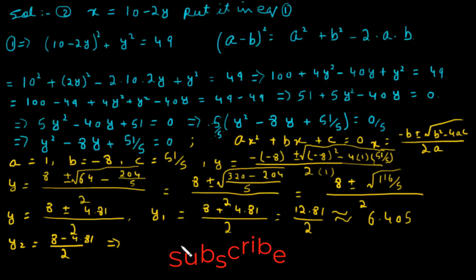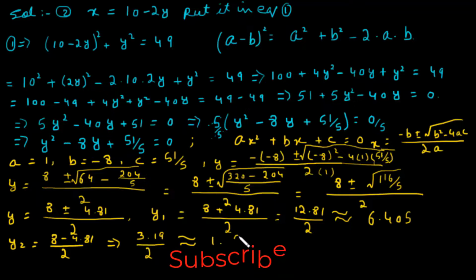So it will get us 3.19 divided by 2, which has approximately a value of 1.595. Now keeping these two values, the rest will be erased as I need more space to write.